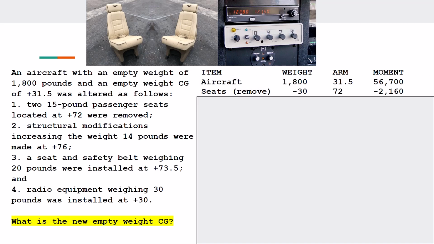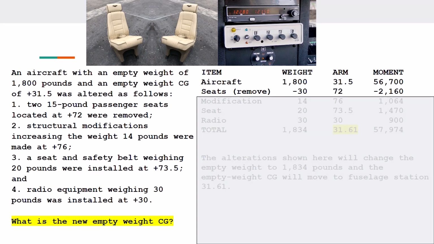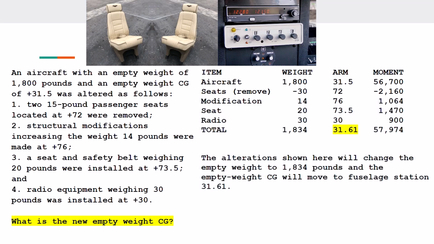Structural modifications increasing the weight by 14 pounds were made at plus 76. A seat and safety belt weighing 20 pounds were installed at plus 73.5. Radio equipment weighing 30 pounds was installed at plus 30. Let's find the new CG.